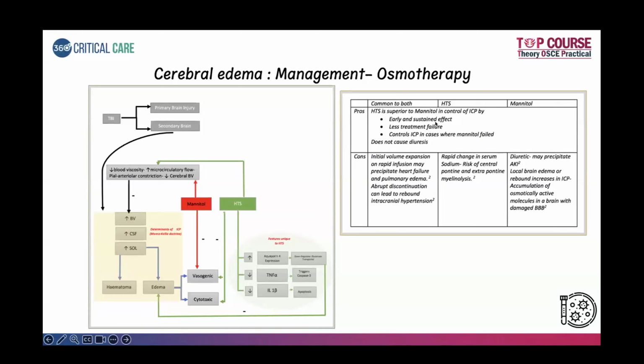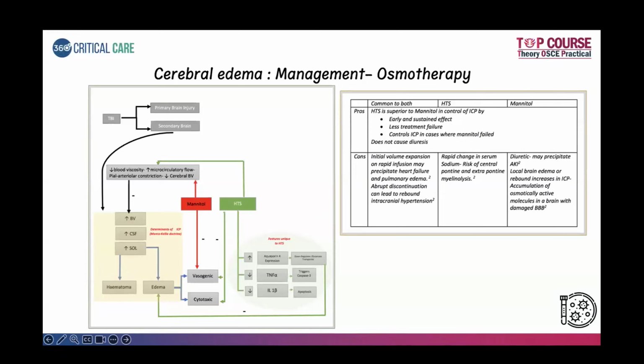There are less chances of treatment failure. This is well documented in the literature. So if you fail with mannitol, sometimes hypertonic saline may be beneficial. It does work, and it controls ICP in cases where mannitol has failed, that I talked about already. And the important thing is mannitol causes significant diuresis.